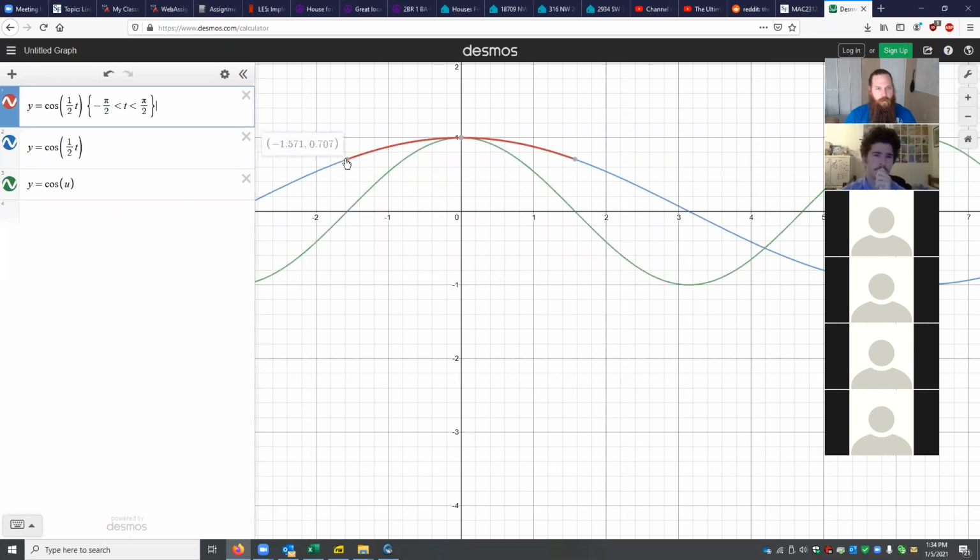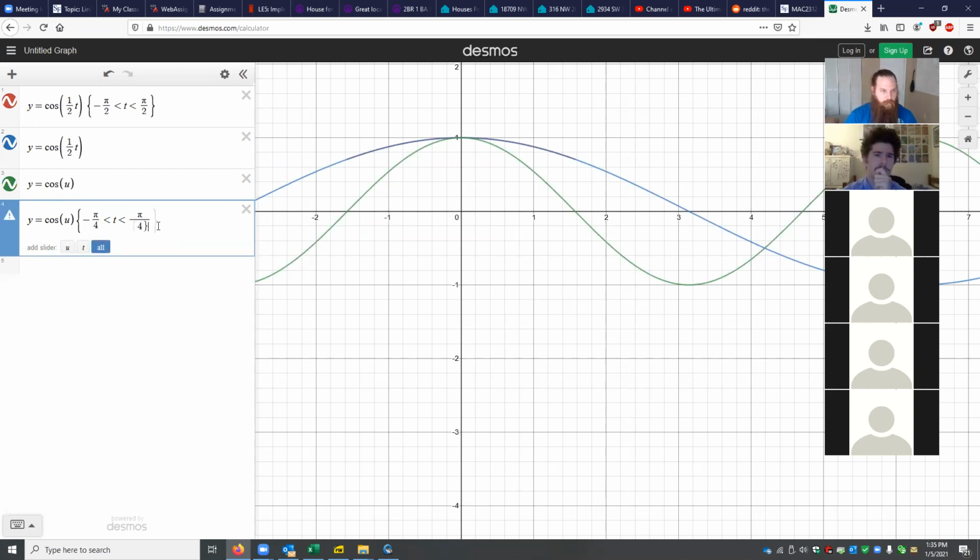The area under the green graph from here to here is very different than the area under the red graph. The red graph is taller, so it will have more area. So I need to change those bounds so that the areas match.